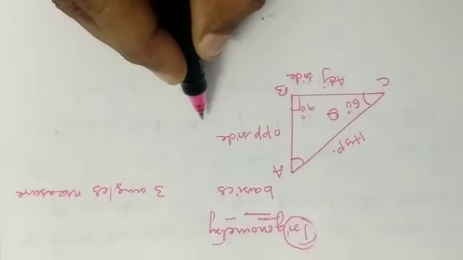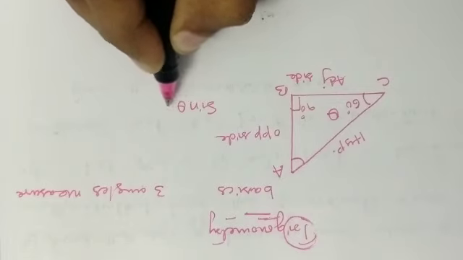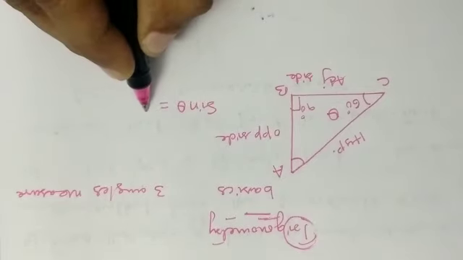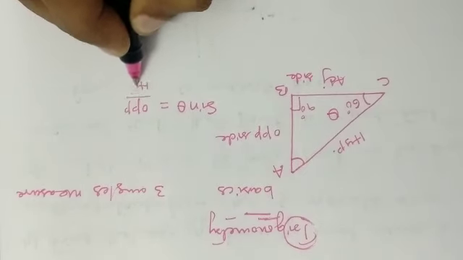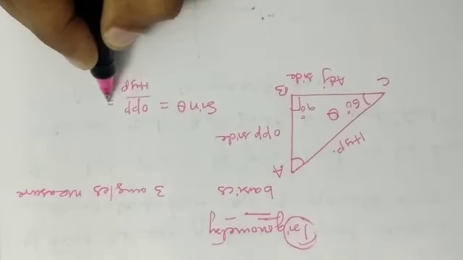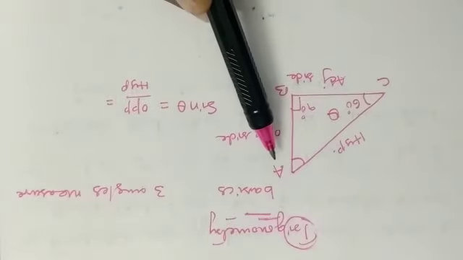Sin theta is defined as opposite side by hypotenuse. What is the opposite side?